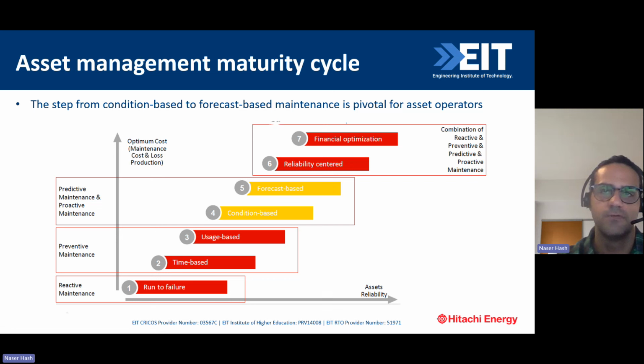So there is preventative maintenance, which is time-based or usage-based. It means that in a power plant, they run the equipment for 5 years, and then there is a shutdown and they do an overhaul. Sometimes over-maintenance brings a cost, or sometimes less maintenance brings a cost.